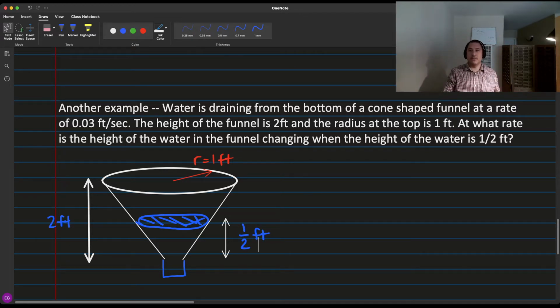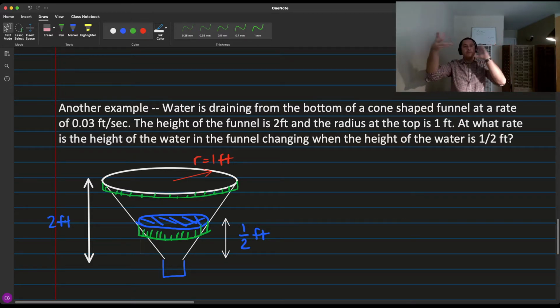Now here's the interesting thing. Because it's draining at a constant rate, is the height going down faster at the top, or is the height going down faster at the bottom, and why? Yeah, so what happens is, because the rate at which it's draining is constant, and it's wider at the top, that fixed amount of water going out drops the height less, because it's like draining out a disc.